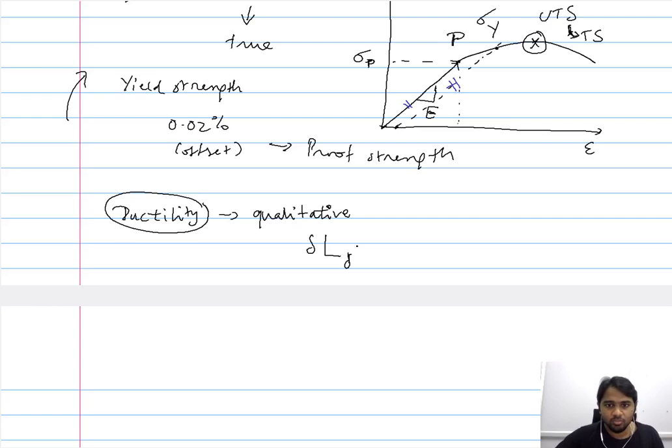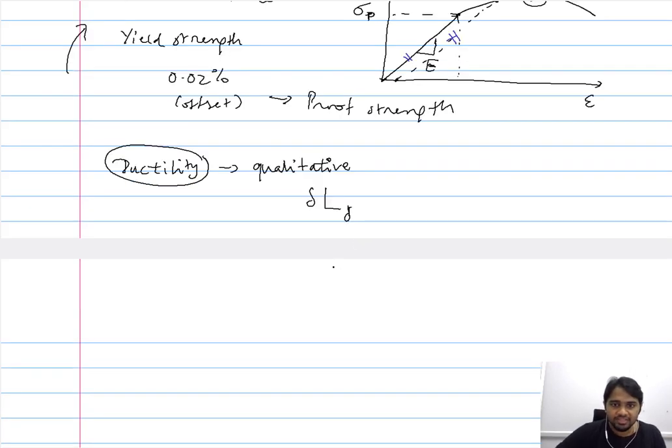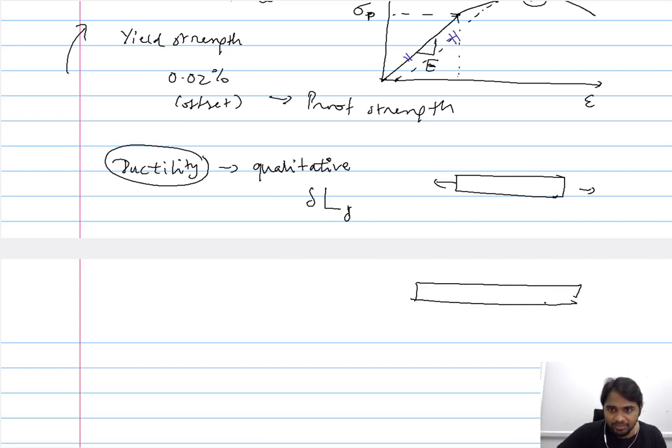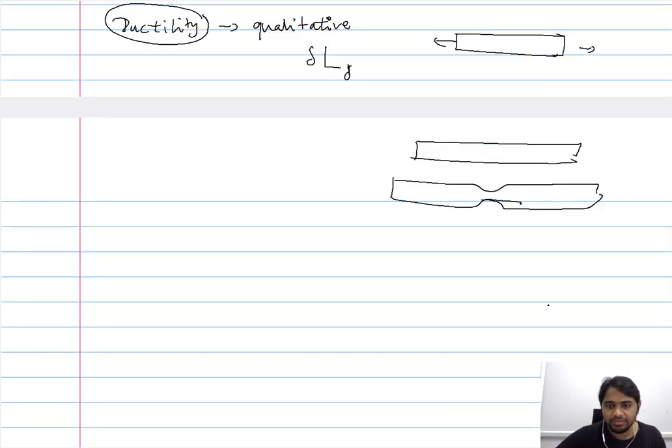So what we essentially have is, once you consider a sample like this and you keep on imposing a tensile stress to the sample, there is a change in the dimension of the sample, and after a change in the dimension the sample begins to neck, and after the necking event, the sample begins to fail.